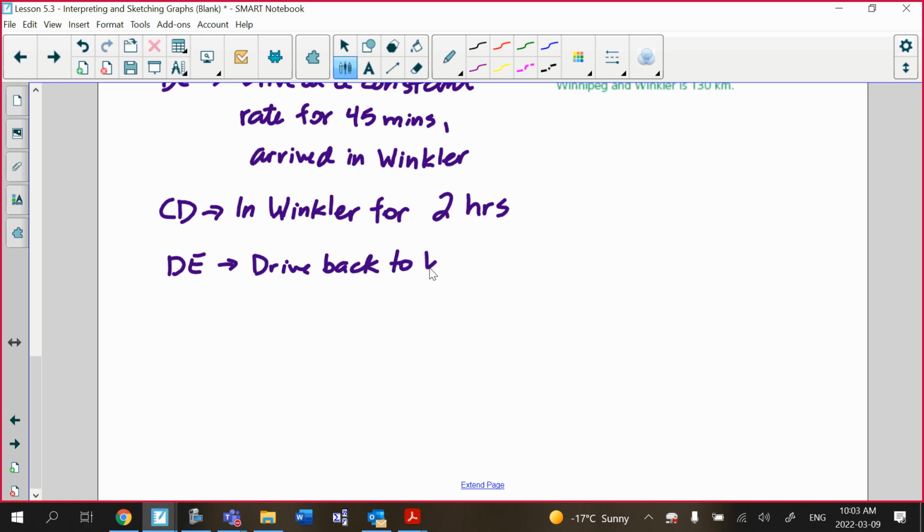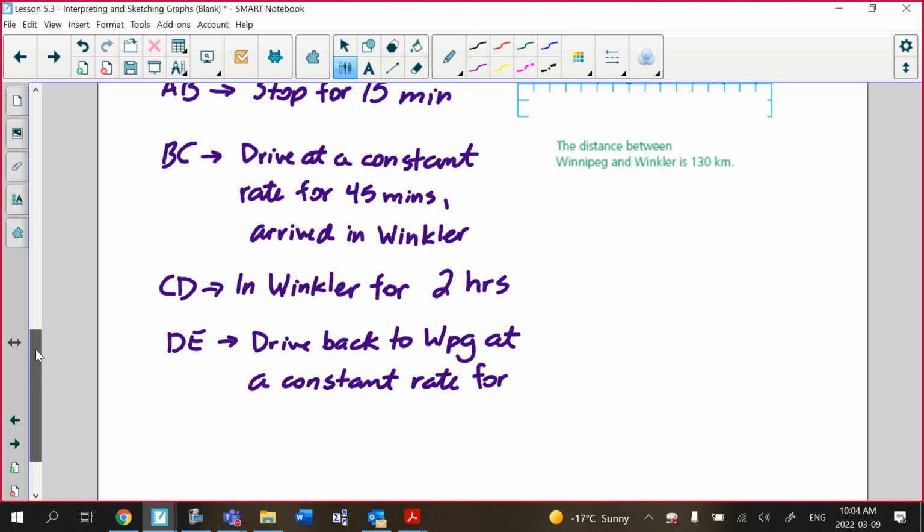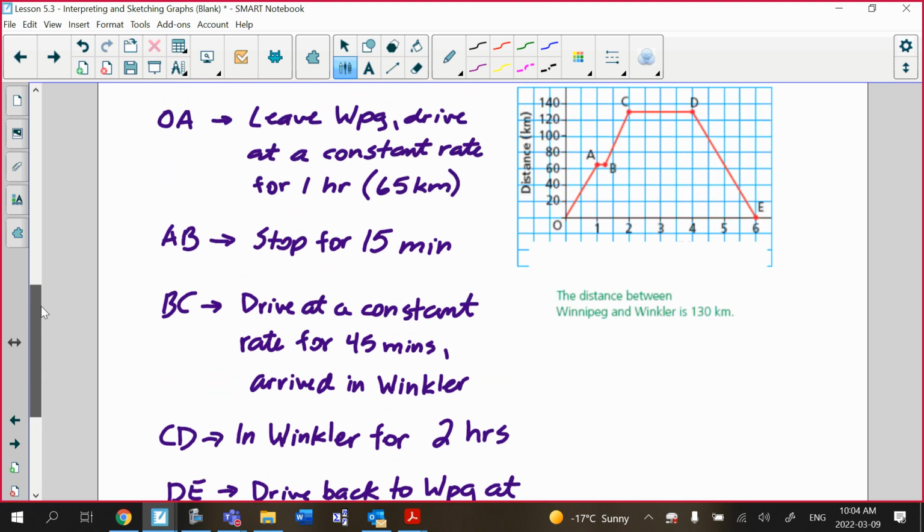How long does it take us? Looks like it takes us 2 hours. Yes, because we leave at the 4-hour mark and we arrive home at the 6-hour mark. So for 2 hours. So there's another thing you can do with interpreting graphs.